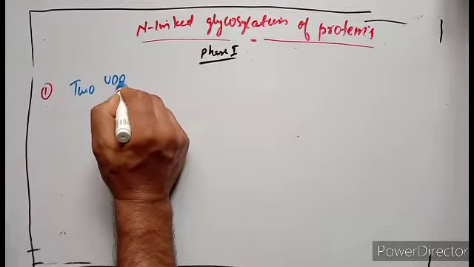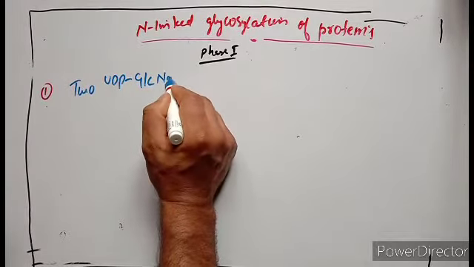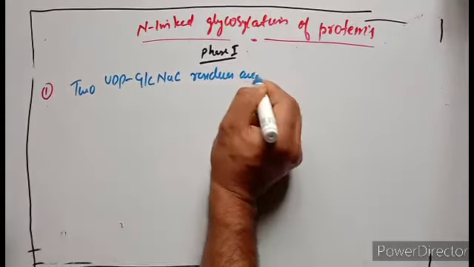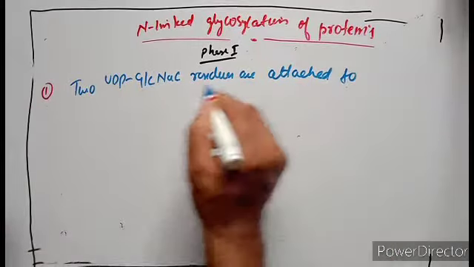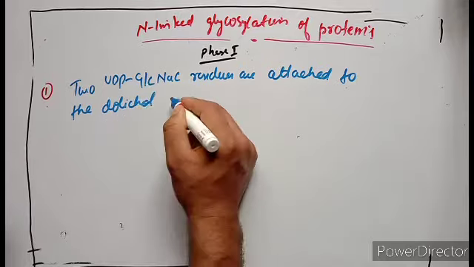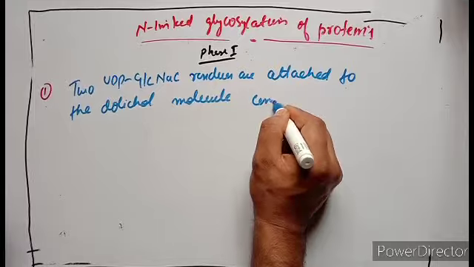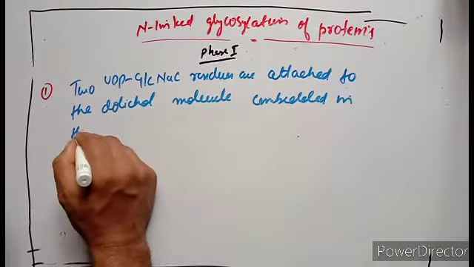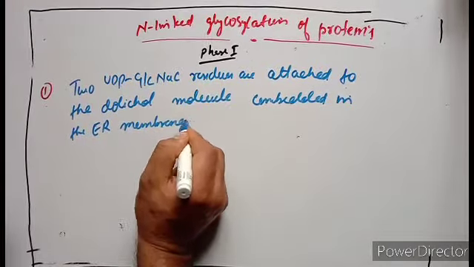2 UDP and acetyl galactose residues are attached to the dolicol molecule embedded in the endoplasmic reticulum membrane.